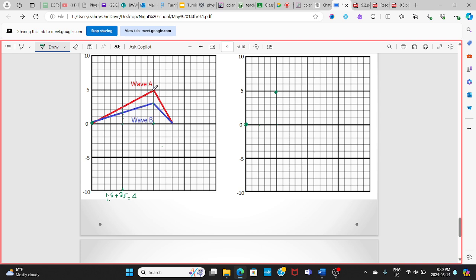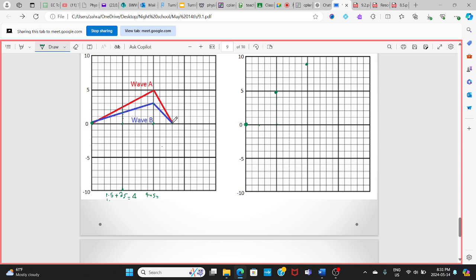And the amplitude of A is 5. So here it is going to be 4 plus 5, which is 9. At that second, I'm going to just add this one.